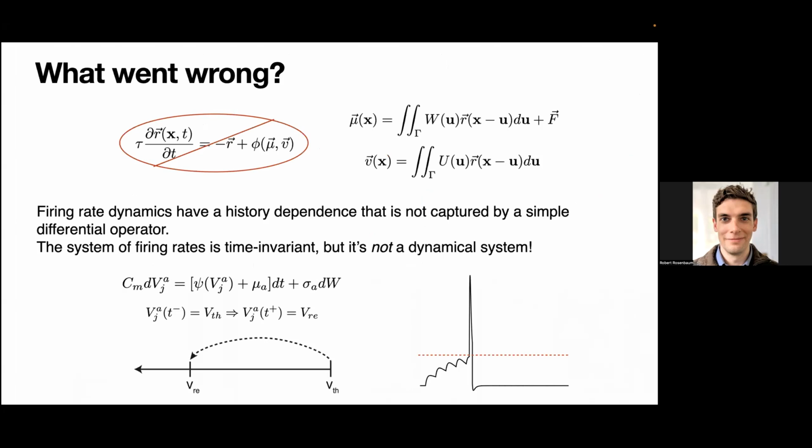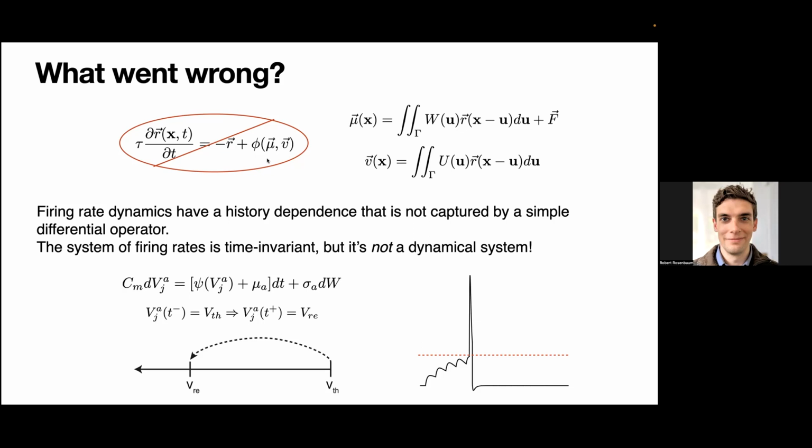So I was thinking about this with my former PhD student, Ryan, and also after some conversations with Bart Ehrmantraut, who pointed me in the right direction of what to look at. We know that firing rate dynamics actually have a history dependence that's not captured by the simple differential operator, this differential equation.